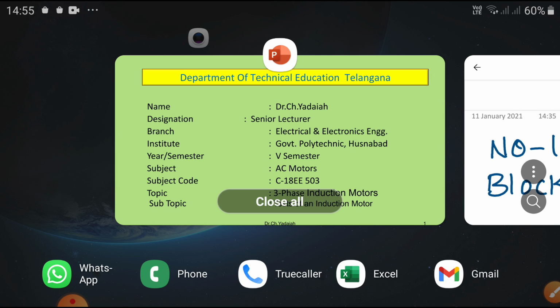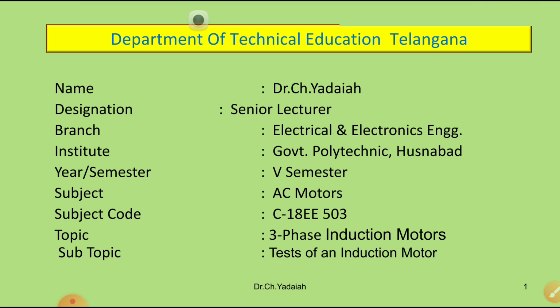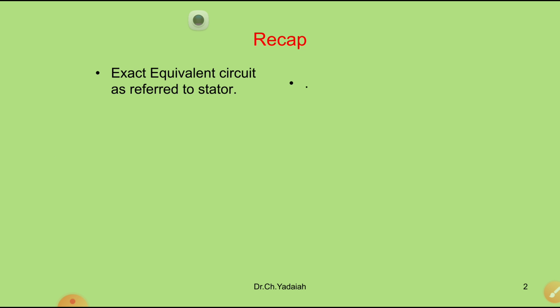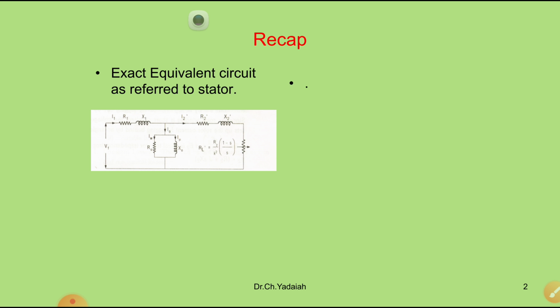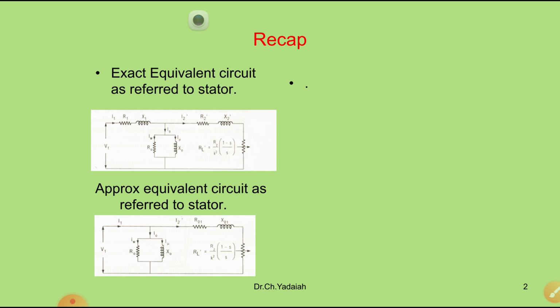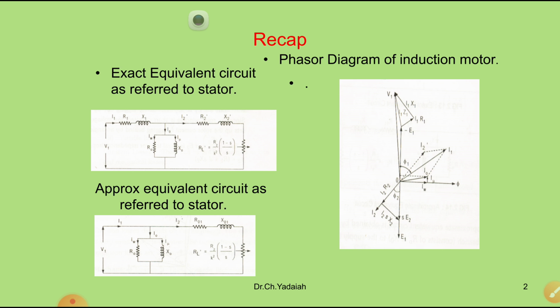Let us see what the objectives of today's class are. What you have seen in previous classes, the exact equivalent circuit as referred to the stator, the approximate circuit as referred to the stator, and the phasor diagram of induction motor.